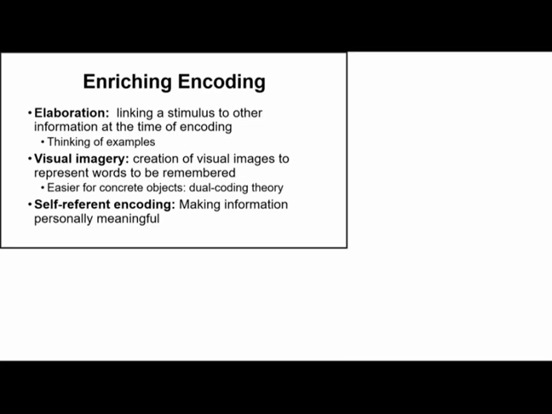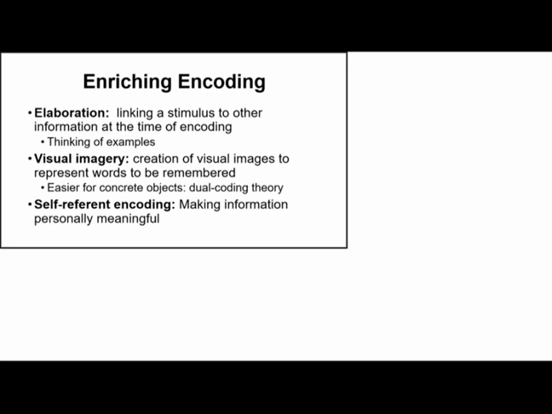All right, so how else can we enrich encoding? Following along that rule of more systems is better, we can talk specifically about elaboration, which we just did, where we link a stimulus to other information while we're encoding it. So instead of just trying to remember a grocery list, what if you're trying to study for a test? What if you're trying to remember the process of memory?